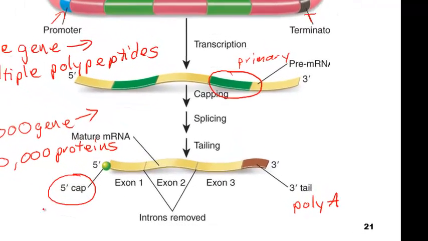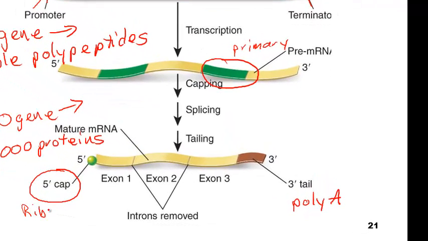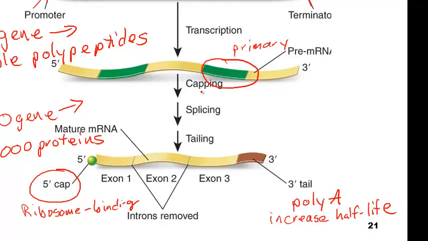The 5' cap is going to be very important for ribosome binding. And the 3' poly A tail is going to increase the half-life, the stability of the mRNA. Let's talk about this now. We don't want the mRNA to be present at all times, because we ultimately are going to produce proteins we don't need.